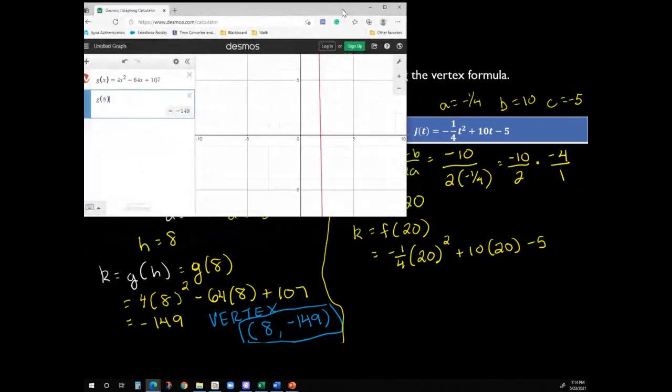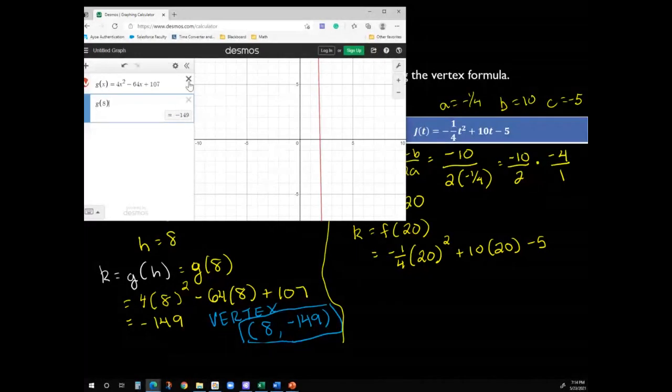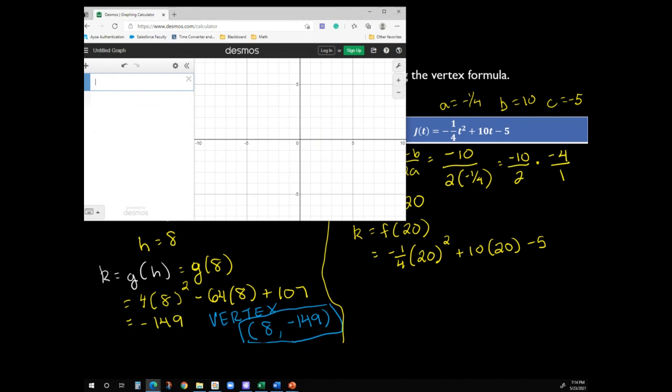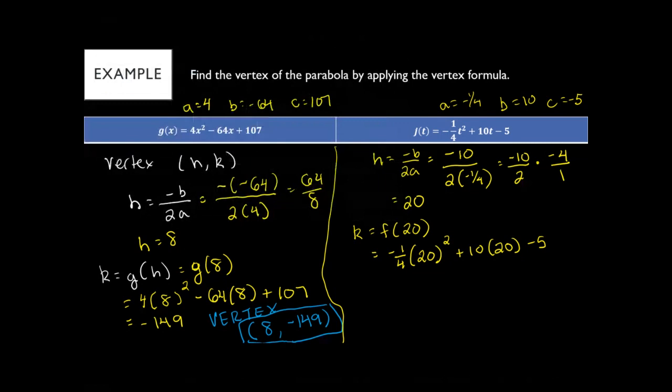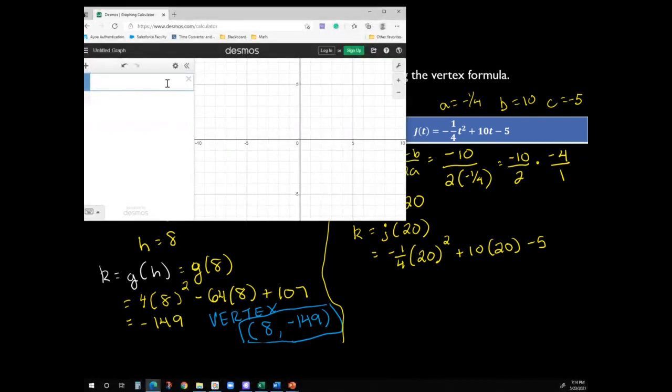Unfortunately, I can't. Let's see if I can. Here we go. So I can just X these out, and I want to type in. Oh, I misread. I have a J here instead of an F. I read it as an F. This is actually J of 20 here. So J of, and you can use T here and it will be totally fine.